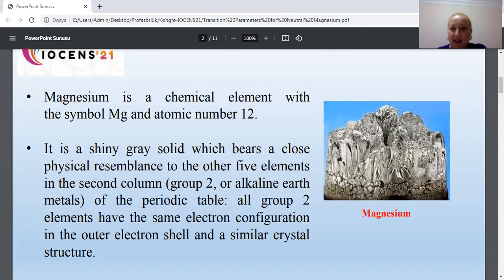It's a shiny gray solid, as you can see in the picture, which bears a close physical resemblance to the other five elements in the second column, group 2 or alkaline earth metals of the periodic table. All group 2 elements have the same electron configuration in the outer electron shell and a similar crystal structure.